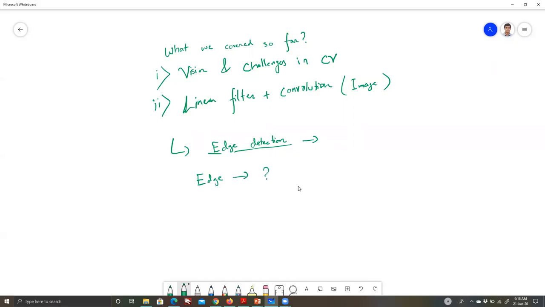So what do you think an edge is? Come on, anyone? That differentiates between the object and background. Okay.